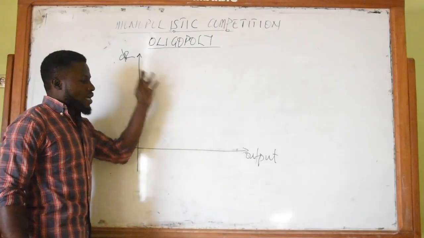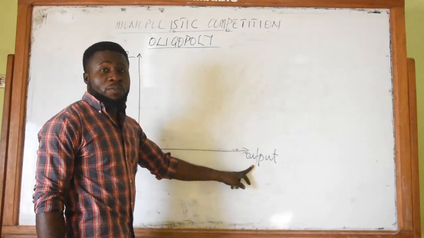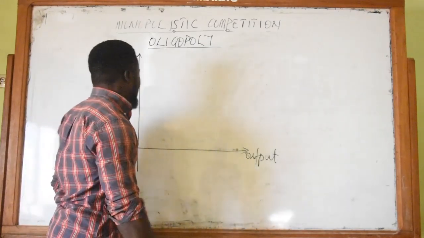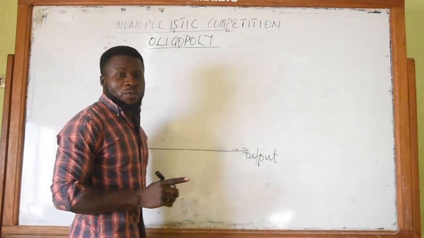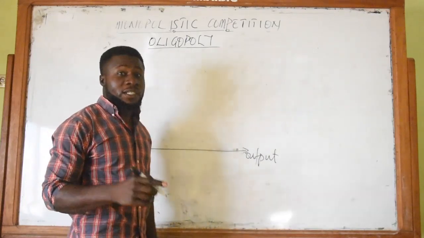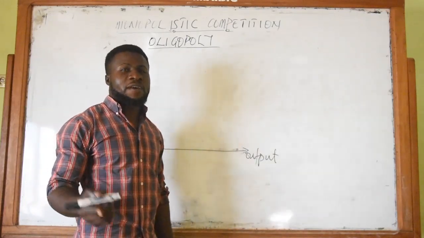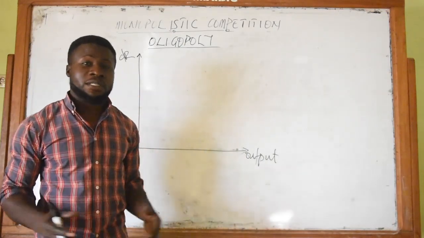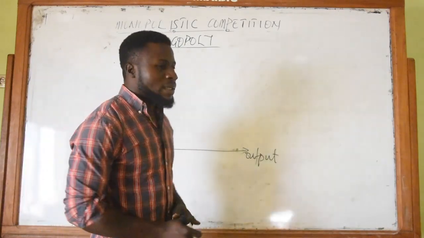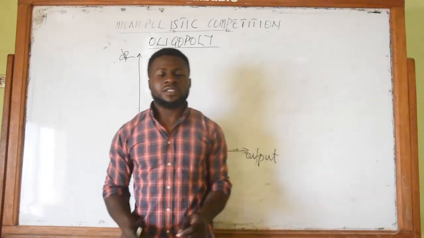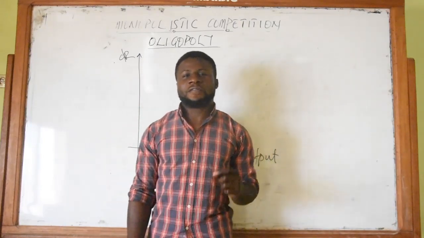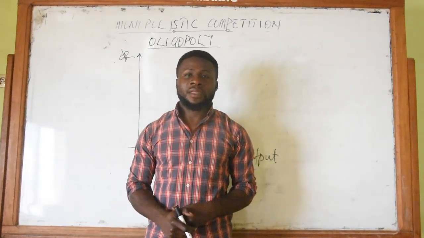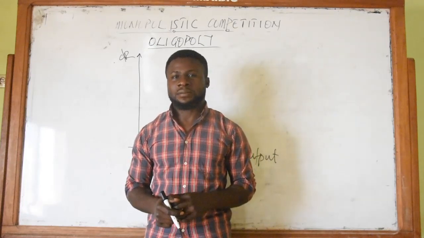We have our cost and revenue, and then we have our output. Then the first thing is we draw our average revenue curve, which is the same as the demand curve. Remember, the average revenue curve of every firm is that firm's demand curve. But there is going to be a little twist here, because the average revenue curve of a firm under oligopoly has two elasticities in one.